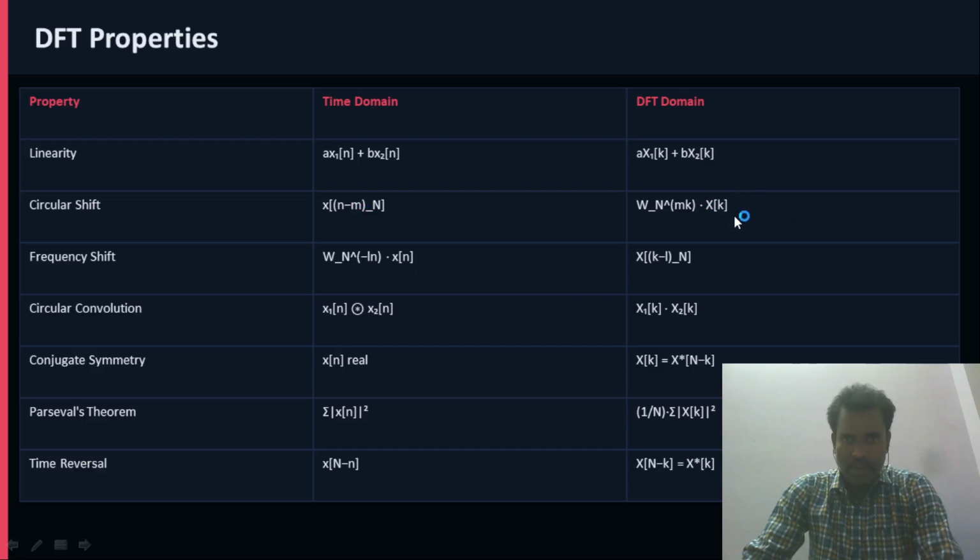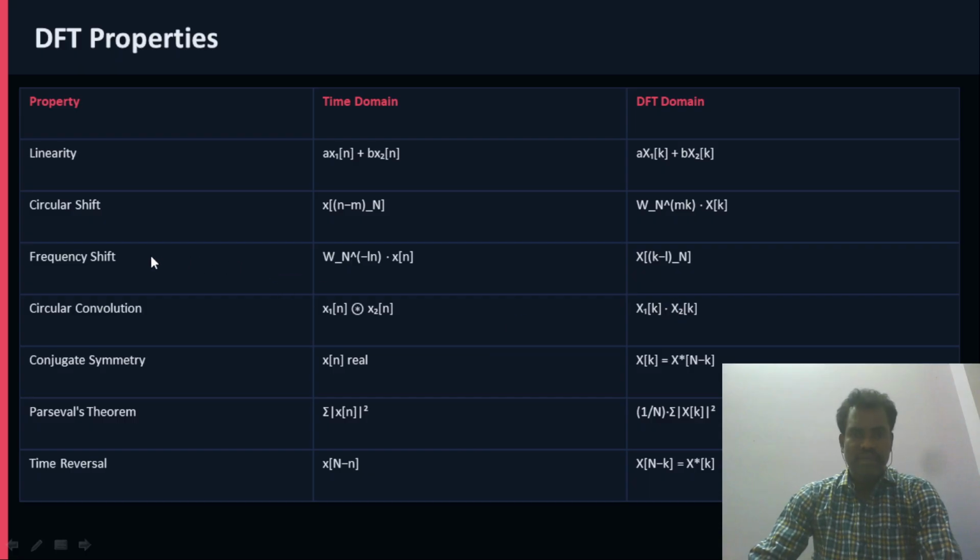So the spectrum X of k is multiplied by W_N power kn, where n is replaced by m, because n is shifted in the time domain. So W_N power m k multiplied by X of k. We have to remember this thumb rule: when the signal is shifted in one domain, the other domain will be multiplied by the kernel.